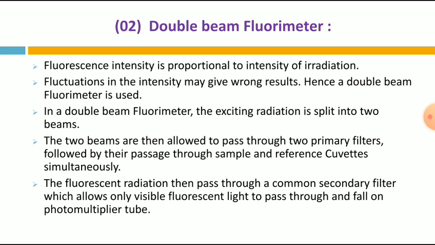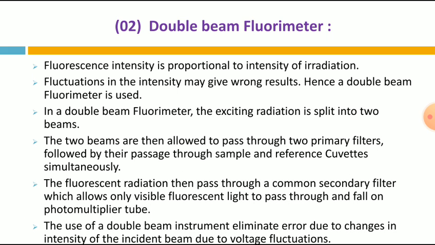The functions of both we have seen in the single beam fluorimeter also. Then the fluorescent light coming from the sample as well as from the blank cuvette falls on the detector, that is the photomultiplier tube.